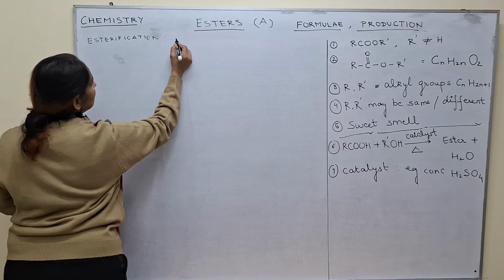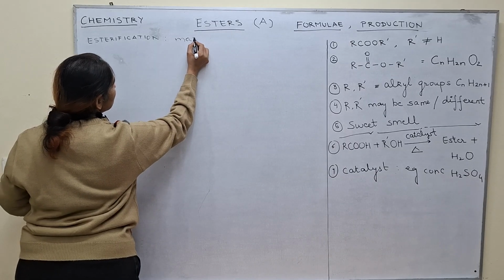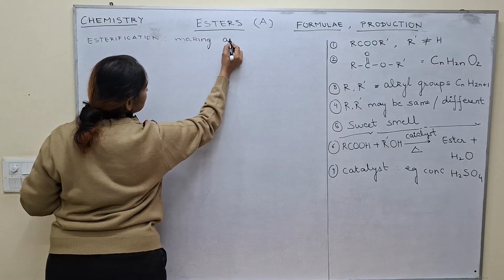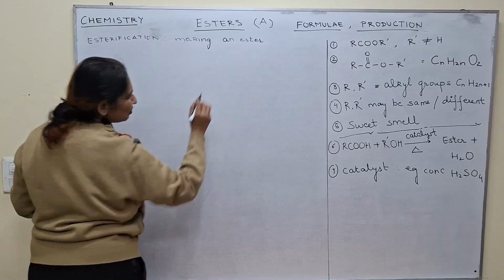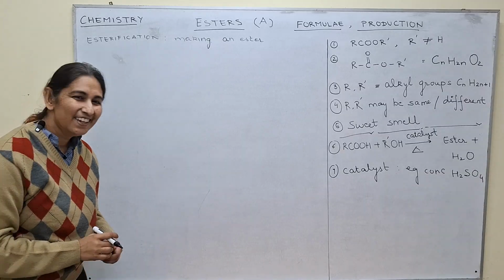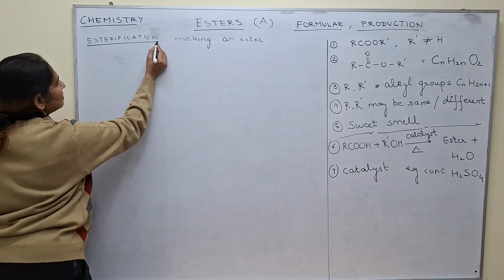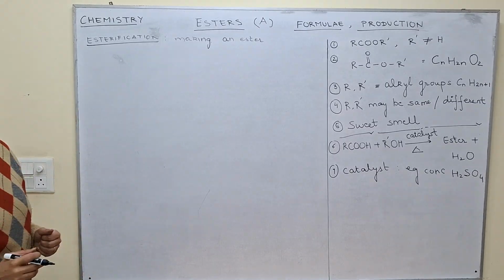This is basically making or producing an ester. I'm writing in very short. You can take the proper definition from some book or something. So just to remember, esterification is making of an ester, manufacturing of an ester.